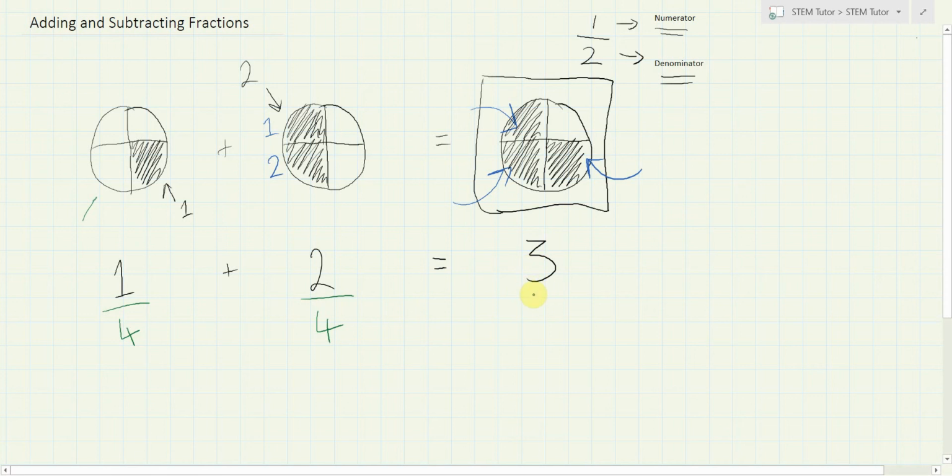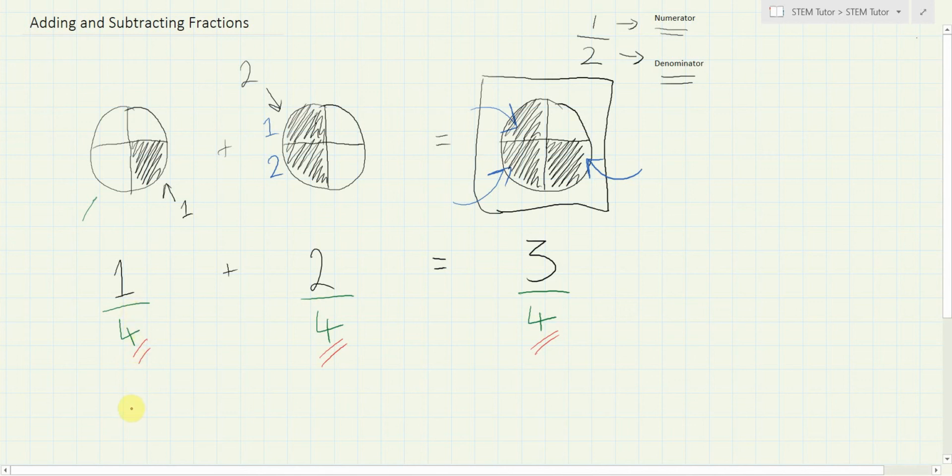So altogether 3 of the 4 pieces were given away. You should be able to see a pattern emerging here, where we've got 1 quarter plus 2 quarters equals 3 quarters. And you'll notice that the denominators in these 3 fractions are the same. And that is your first rule.